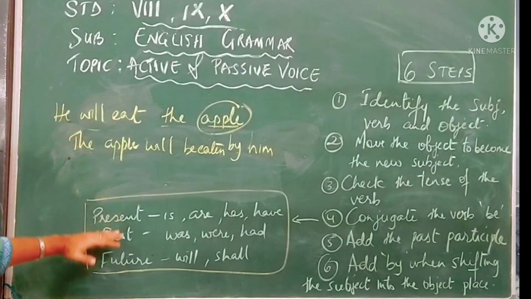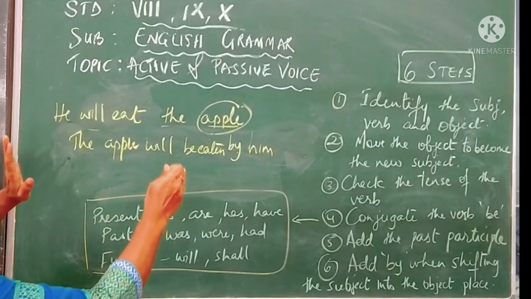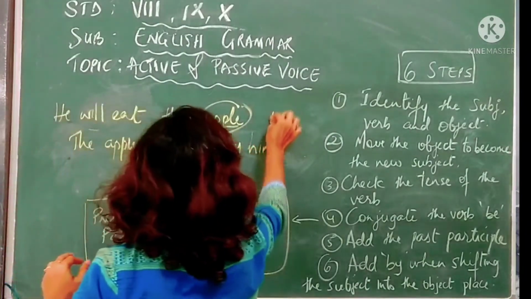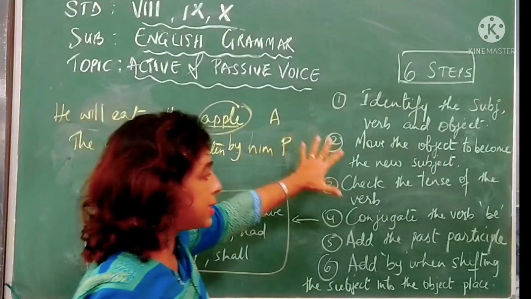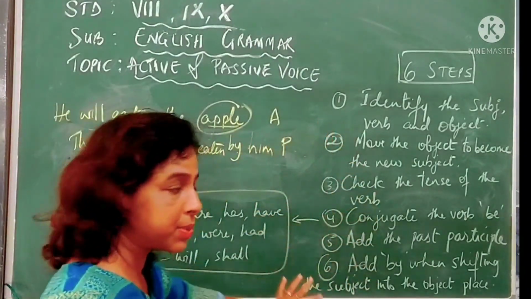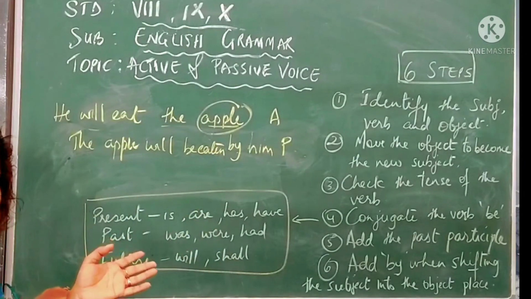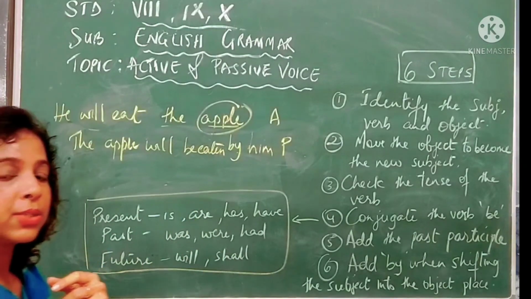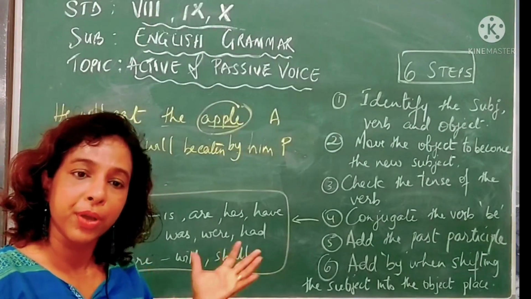So your past, present and future goes like this. Your sentence from active to passive, this is an active sentence and this becomes a passive sentence. It will change only using these 6 steps. If you keep these 6 steps in mind, you should be able to perfect yourself when you're shifting from active voice to passive voice. Okay, so I'll be doing more about it in your PowerPoint presentation. I hope you have understood this part.